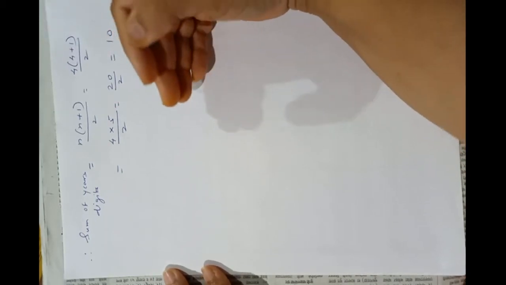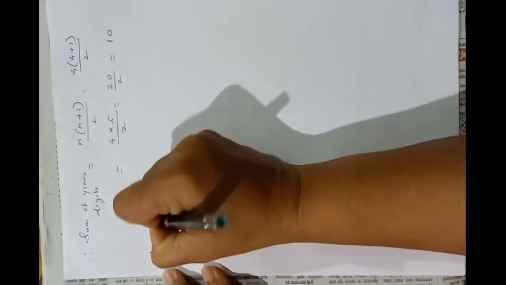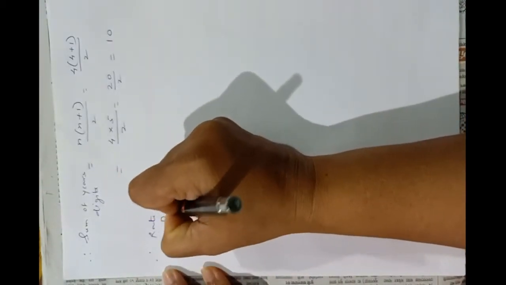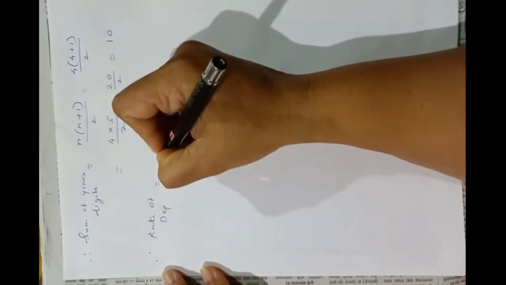Okay. Now we'll calculate the rate of depreciation. To calculate the rate of depreciation, we will multiply the formula by 100.